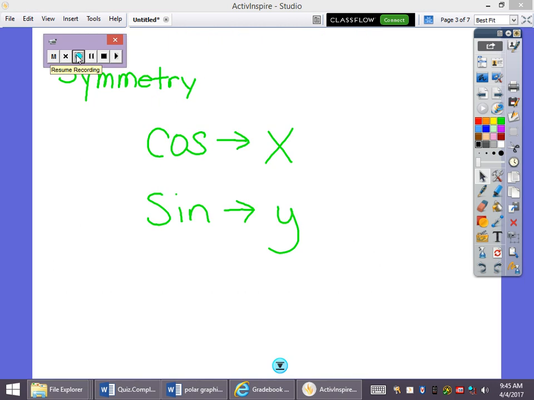Okay, so the box that says symmetry: cosine is x, so that means it folds over the x-axis, and if it's sine, it folds over the y-axis, which means equidistance.